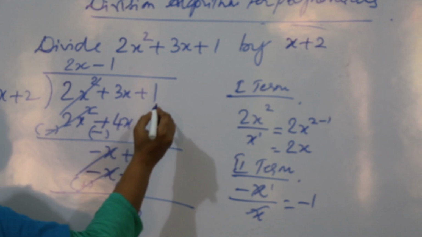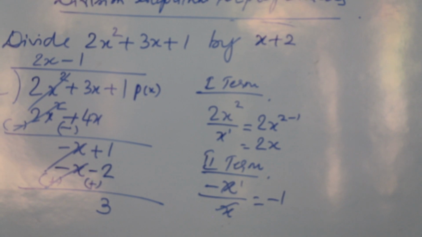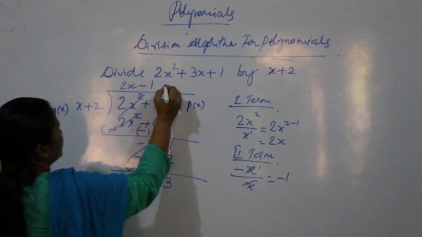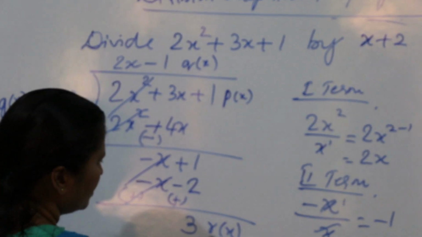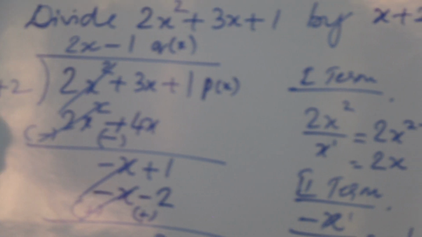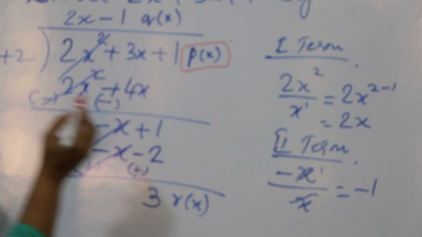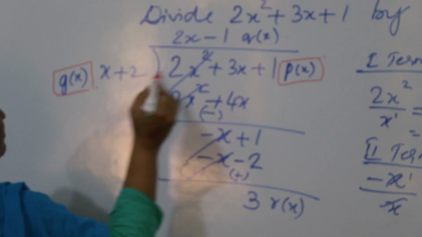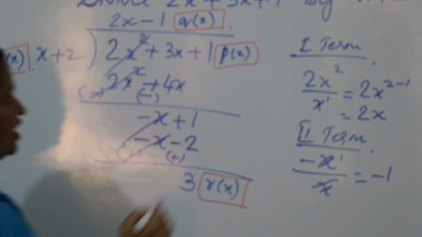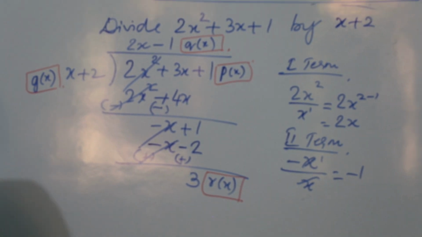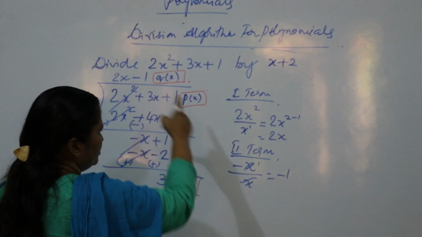If we call this our p of x, this is g of x, this is q of x, and this is r of x. Now let's apply the division algorithm for polynomial using this.